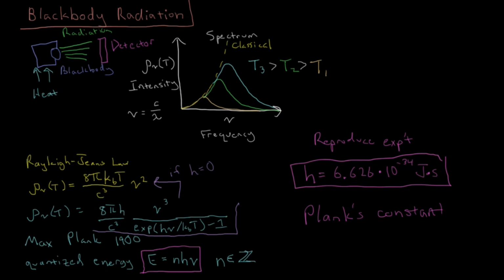They didn't think there was much to this at first, but then we'll see in later videos Planck's constant is going to keep reappearing, and eventually Planck was validated by Einstein and then others that there really is quantization which occurs at very, very small scales. And this is just the first example of an instance where this idea was necessary to reproduce this physically observed spectrum, this blackbody radiation spectrum.